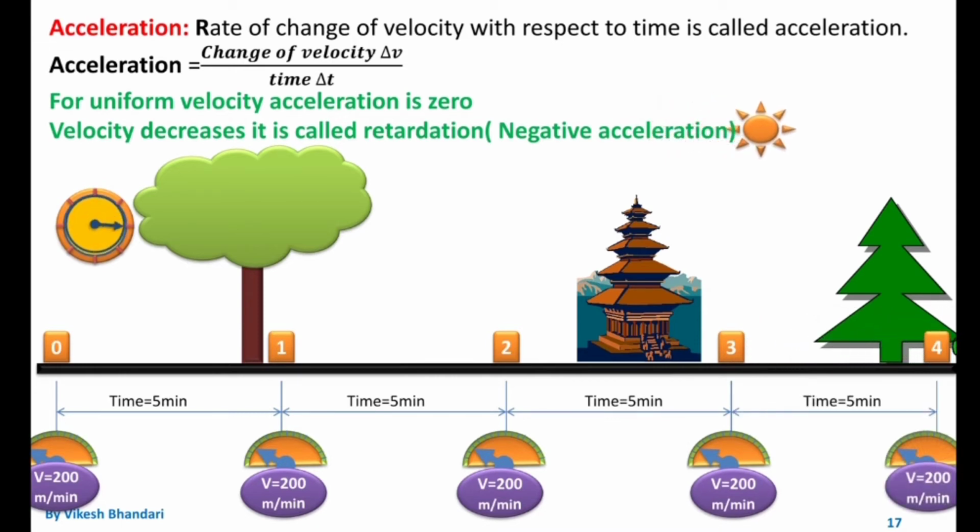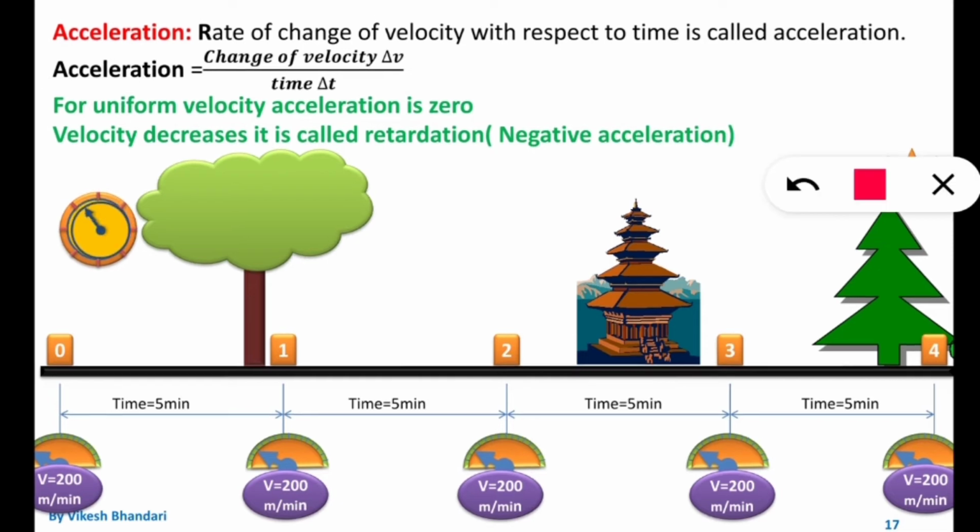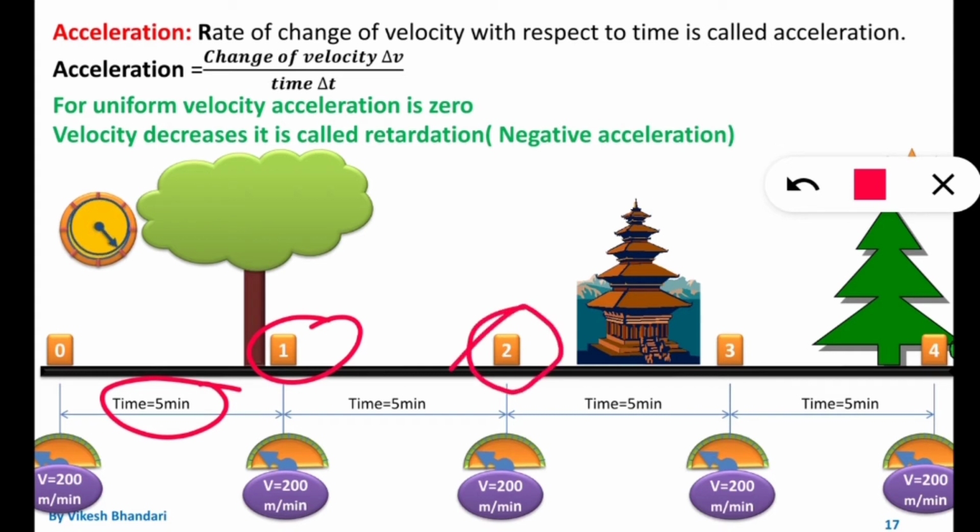That means he covers equal distance in equal intervals of time. Here the object covers equal distance in equal intervals of time. To cover 1 kilometer he has taken 5 minutes, and he has also taken 5 minutes to cover another 1 kilometer.